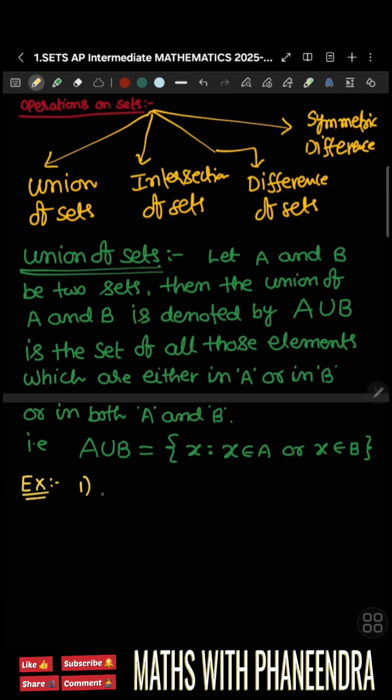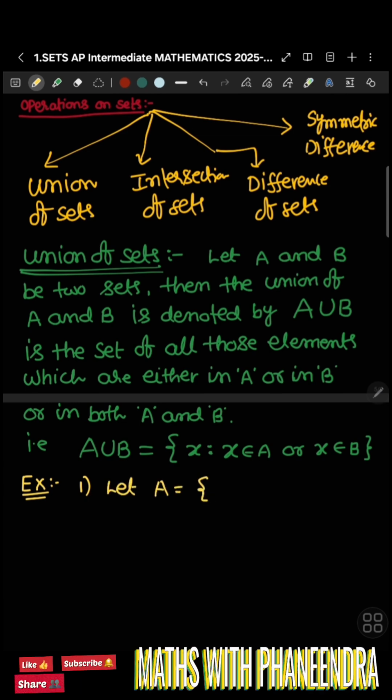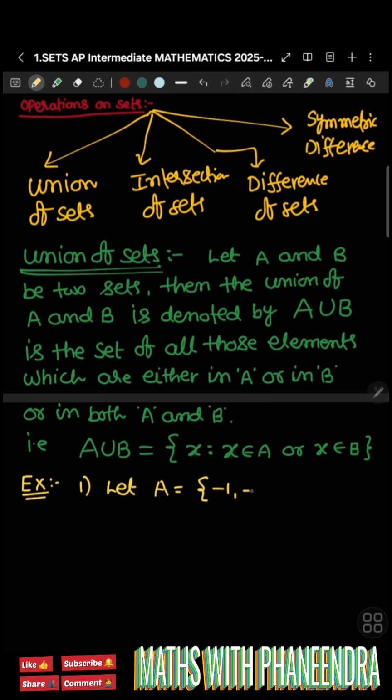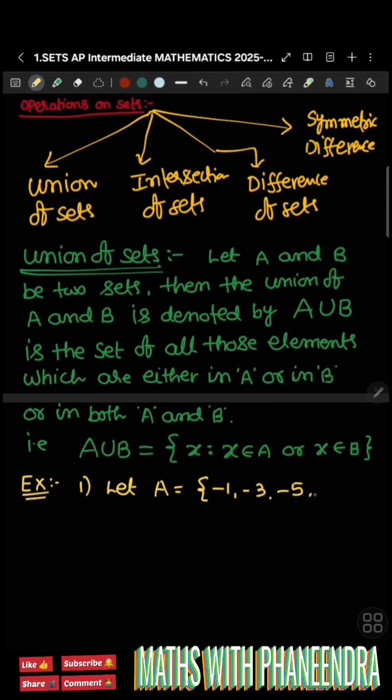Example 1: let A equal to some set, we can take it as {-1, -3, -5, 0}. This is set A, and the set B equal to {-1, 0, 3, 5}.